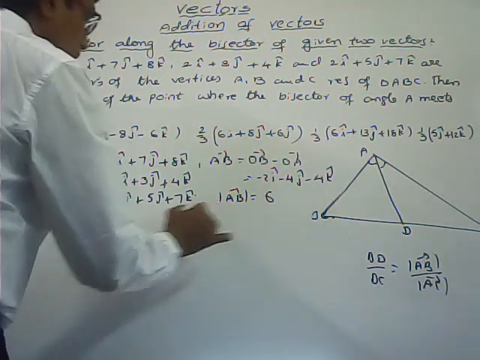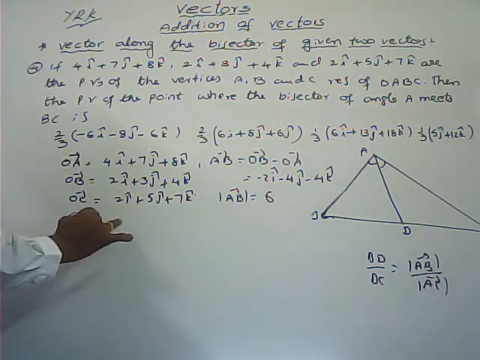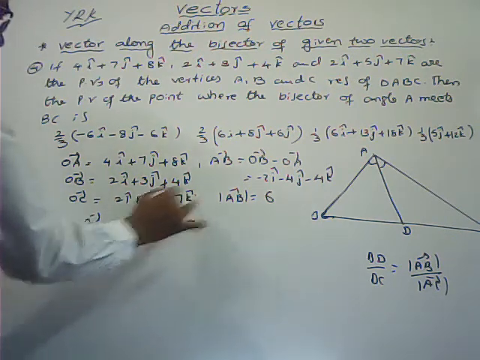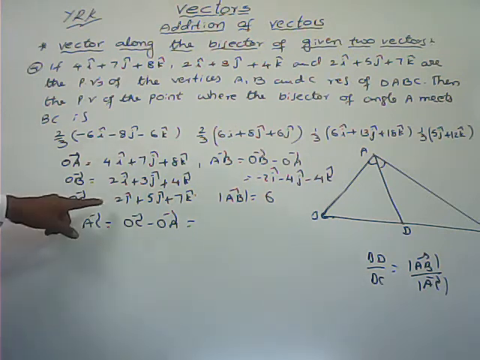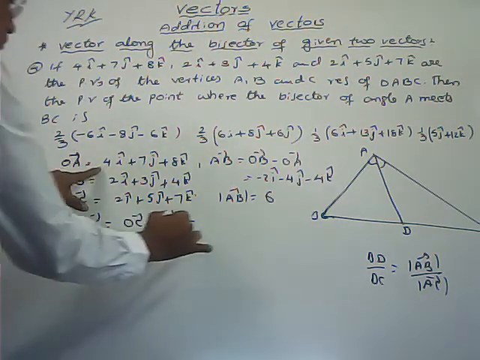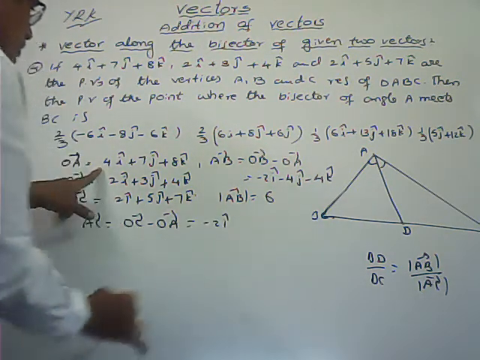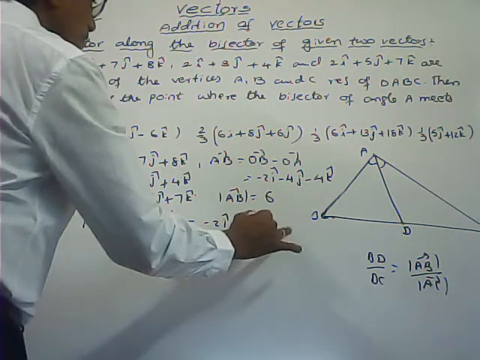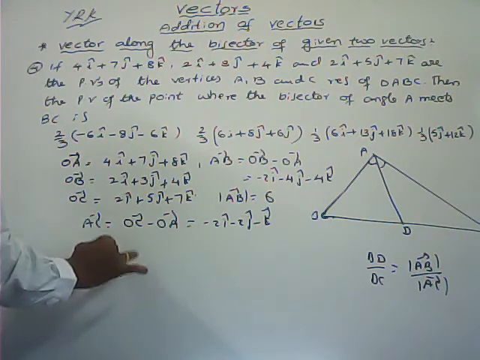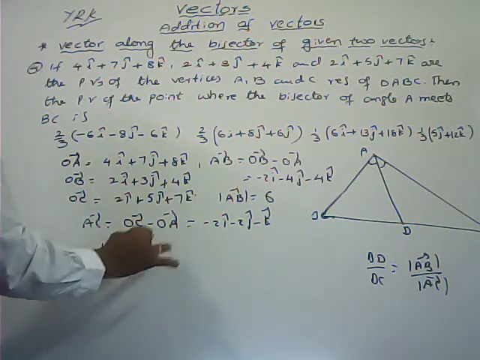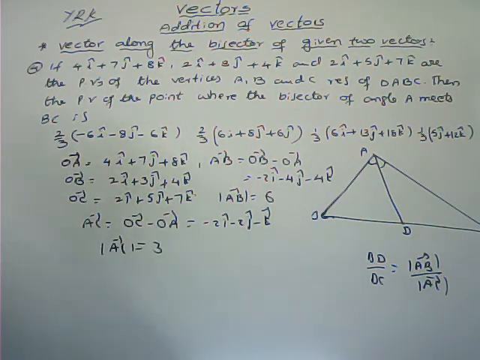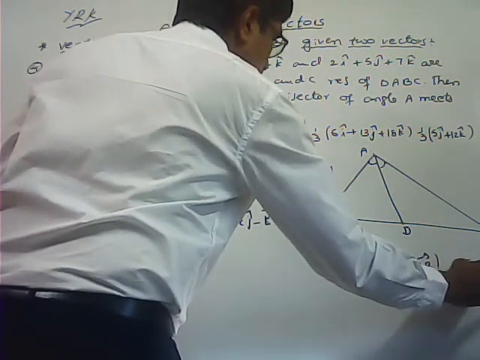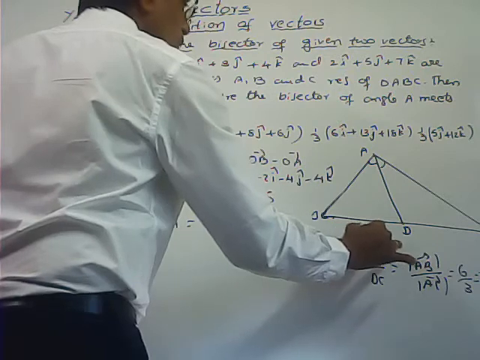And AC bar, what about AC bar? That is equal to OC bar minus OA bar, that is minus 2i cap minus 2j cap minus k cap. What about its modulus? That is equal to 3. So modulus of AB bar by modulus of AC bar, I got 6 by 3, that is equal to 2 by 1. So here 2:1 ratio.